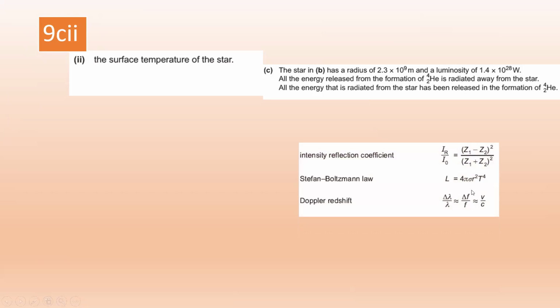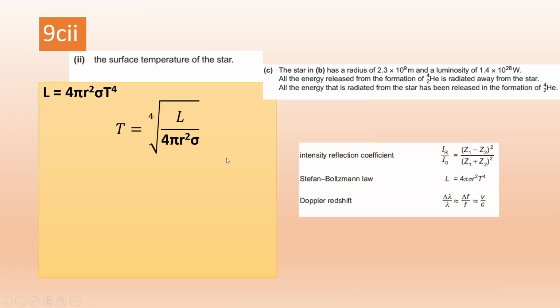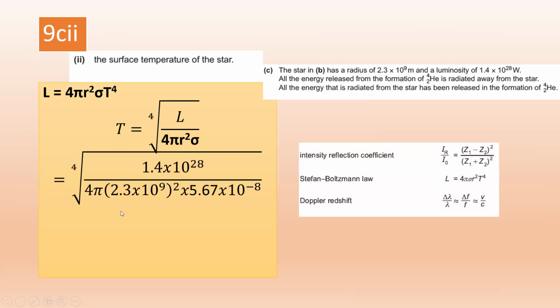Make T the subject, and then you get the equation. Put in your value. That's your L. 4 pi r squared. That's your r. Sigma is from your data sheet. And calculate out.